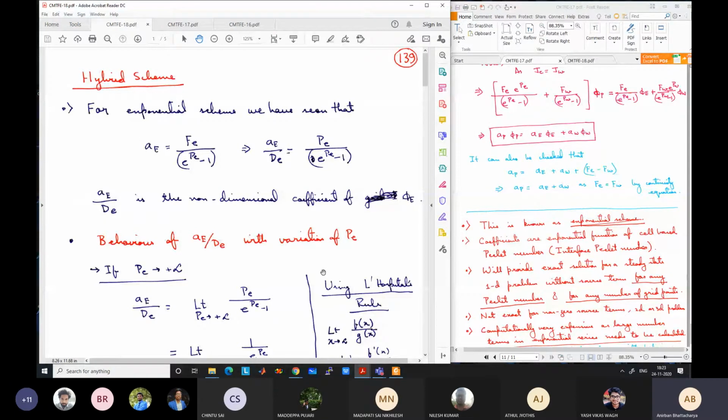Conceptually it's a hybrid of the central difference scheme, which is very accurate for low values of p, and the upwind scheme, which is very accurate for high values of p. So it combines both these ideas: for high values of p we should approach the upwind type of situation, and for low values of Peclet number we should approach the central difference scheme.